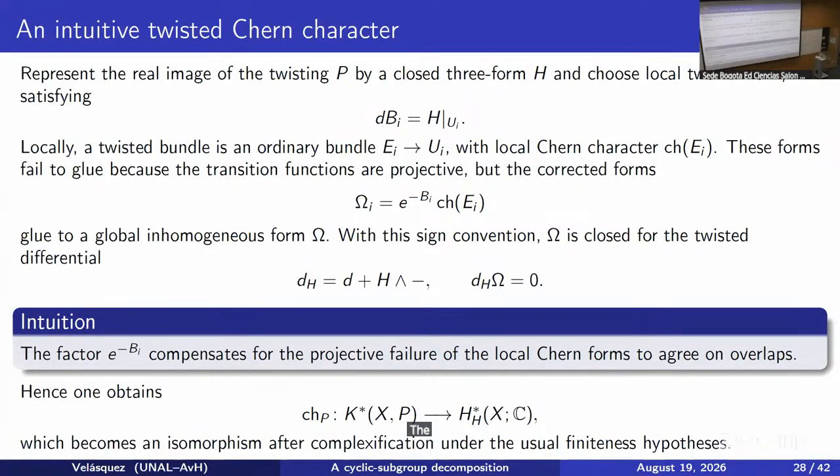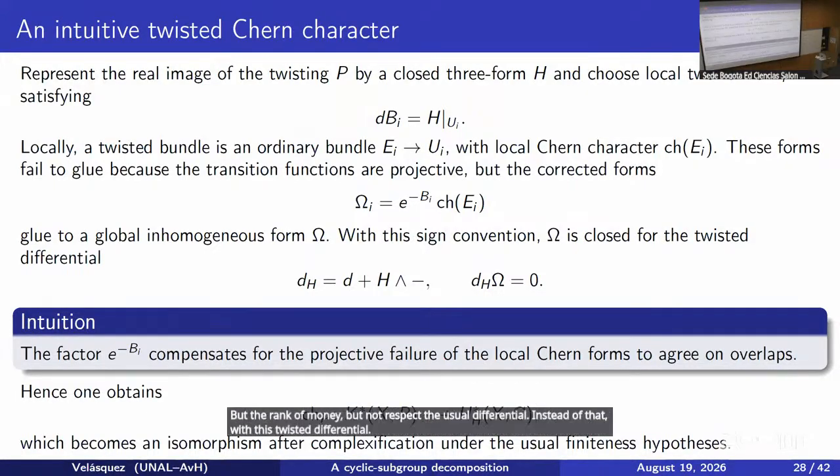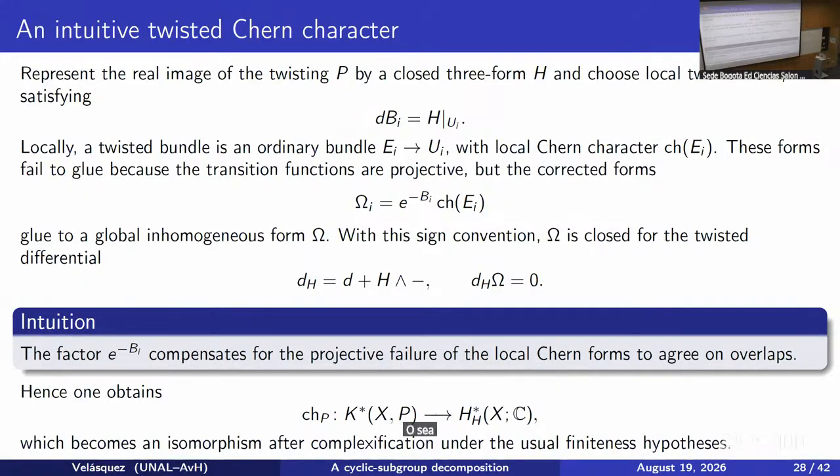Then the theorem of Mathai and Stevenson is that we can compute the cohomology, the de Rham cohomology, not with respect to the usual differential but with this twisted differential, so it's a twisted de Rham cohomology. And we can define a twisted Chern character that becomes an isomorphism when we tensor with the complex numbers.